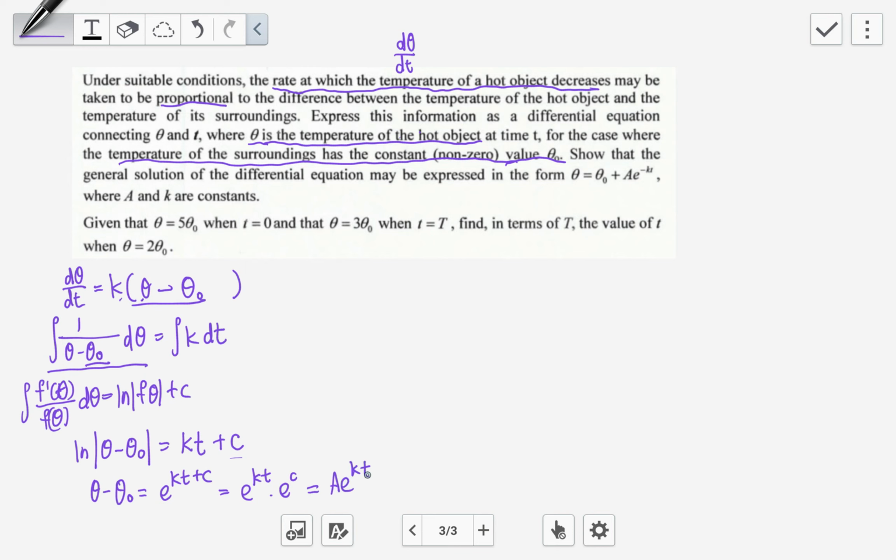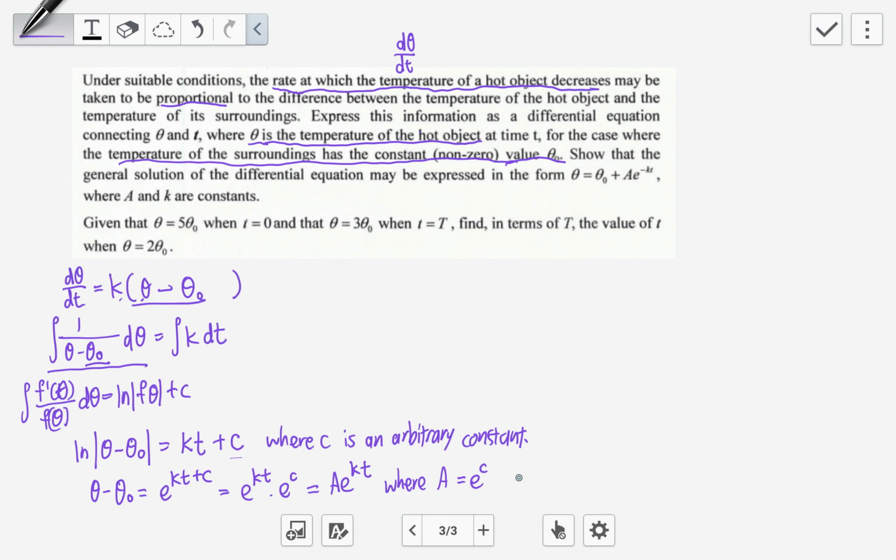And so we have this, where A equals e to the C, and where C is an arbitrary constant that we don't know. When a constant is unknown, it's just one number, just that we don't know what that number is. Then it's not a variable. As in, show that the general solution may be expressed in the form given, we have already achieved it.